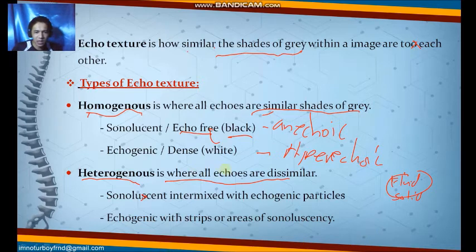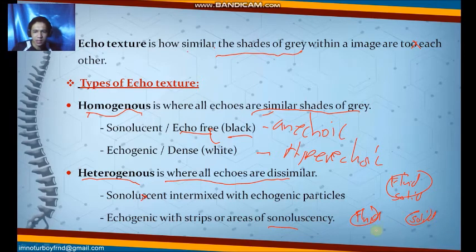And then echogenic with strips of areas of sonolucency, that is heterogeneous. So most commonly, the heterogeneous masses are those complex masses. We have cystic masses, in which most commonly the inside is fluid, and then we have solid masses.